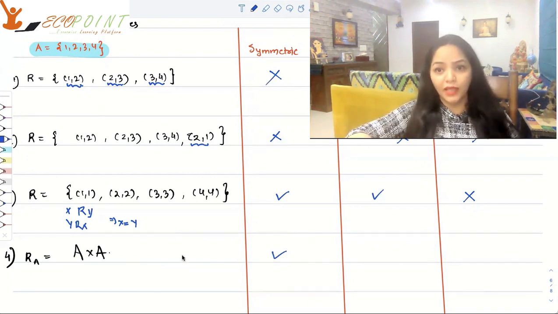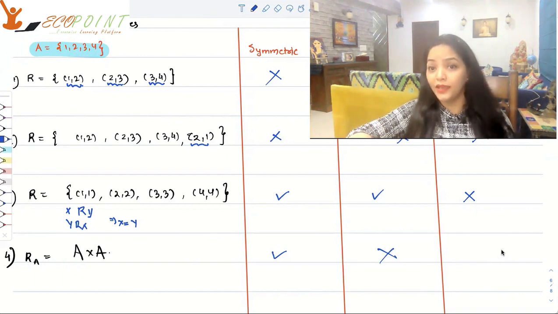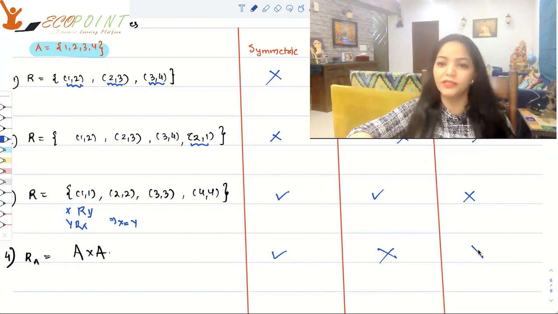Apart from that, you will have all other pairs also, (1, 2), (2, 1), and so on. Let's just take the case of (1, 2) and (2, 1). (1, 2) is there and (2, 1) is there, but 1 is not equal to 2. So that means it's not antisymmetric. And the moment you know that opposite pairs are there, x R y and y R x, it is not asymmetric as well. Right?